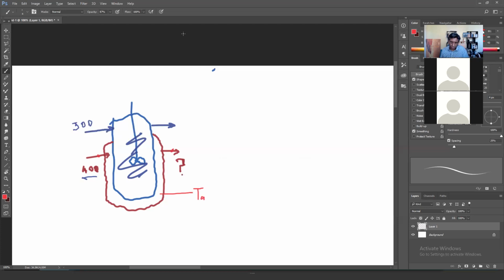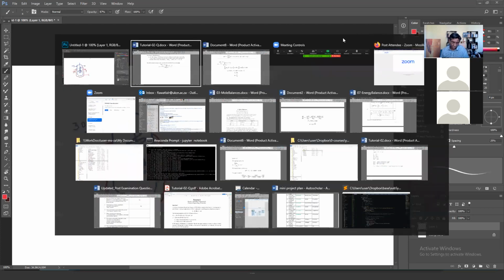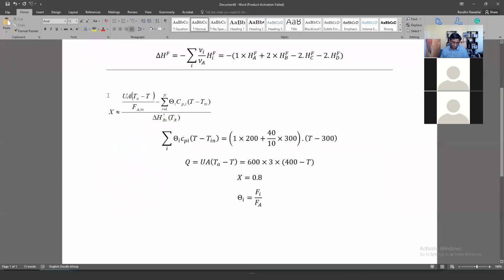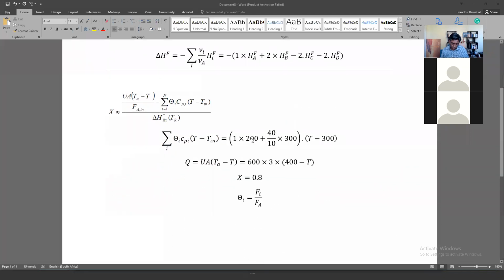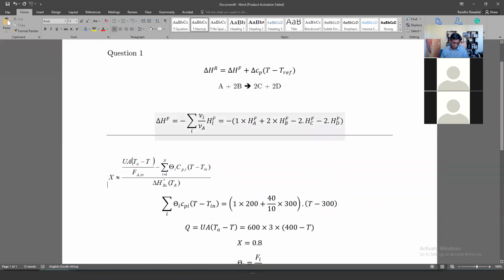Okay, and let's see, there was another one. For delta CP is a minus sign. Yes, that's right. So the other question was here, sorry, here, where is it? Here. So yes, there's a minus sign for the delta CP as well.